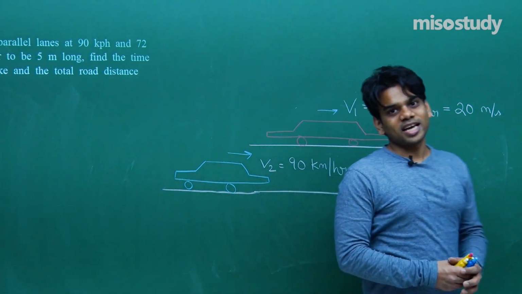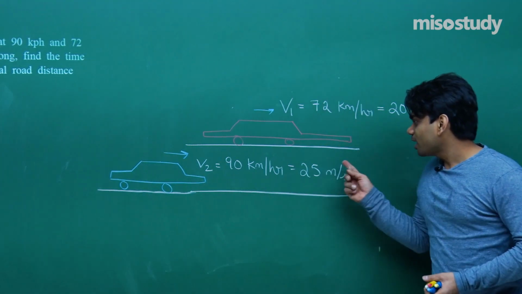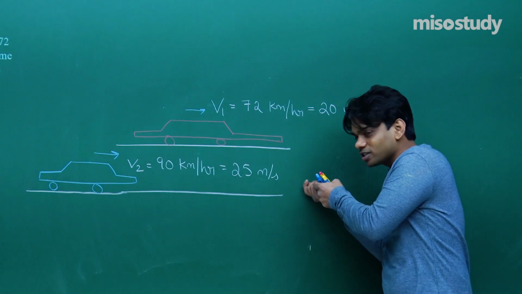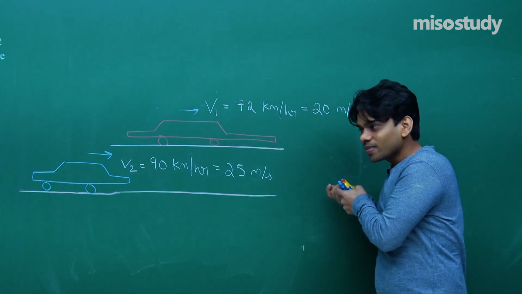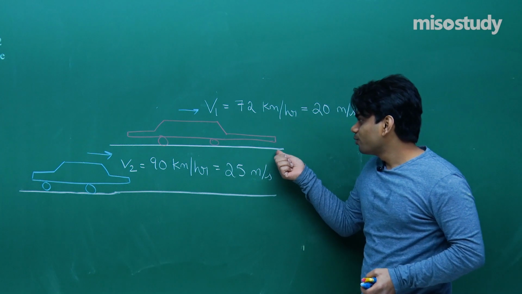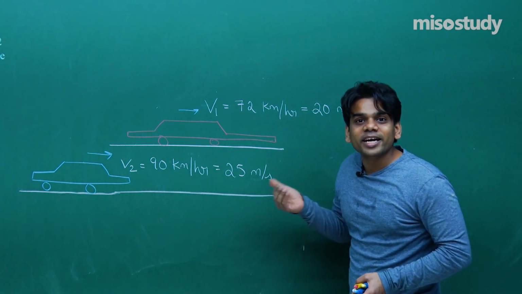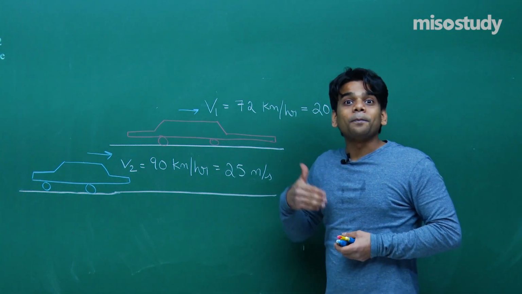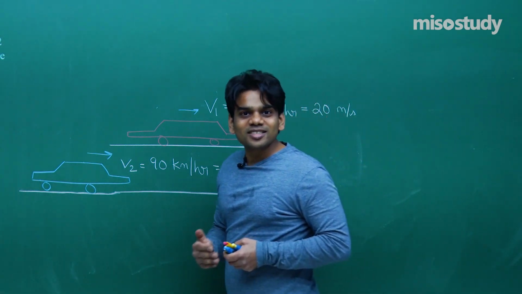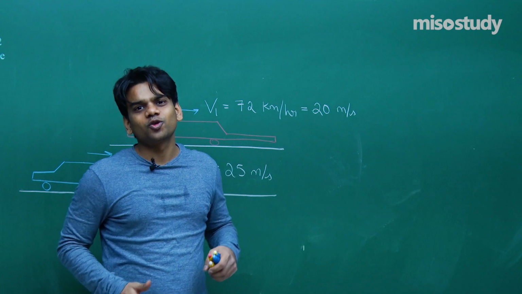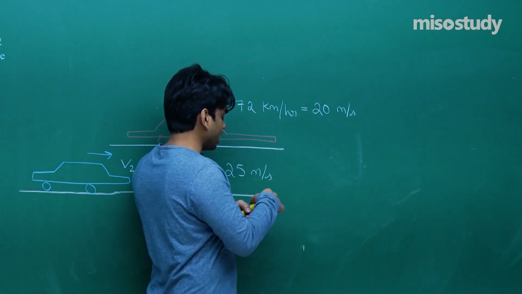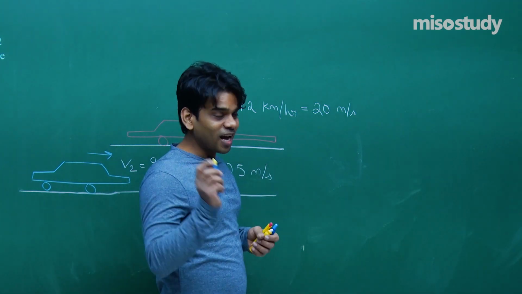Now try to understand, when the front part reaches here and starts crossing the car, the rear part would move to the front end of this car. It would again travel 5 meter. So to completely overtake, the distance traveled would be 5 plus 5, that is equal to 10 meter. So to overtake, I am talking about relative distance, not the actual distance.